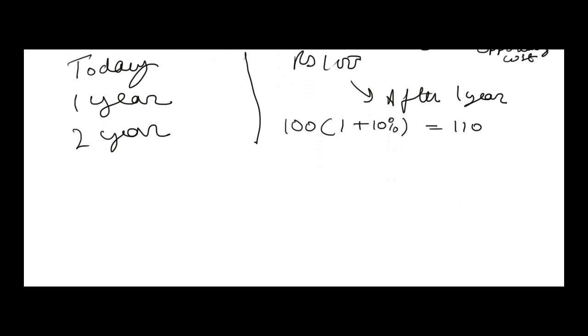So let's understand this. Suppose you have 100 rupees today, and the most important idea to understand here is that the risk-free rate, or the rate in the bank, is suppose 10%. You could see this as an opportunity cost or the risk-free rate. Opportunity cost is the next best alternative if you do not give him the money.